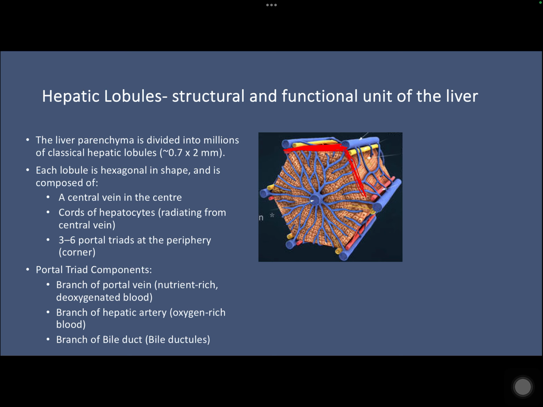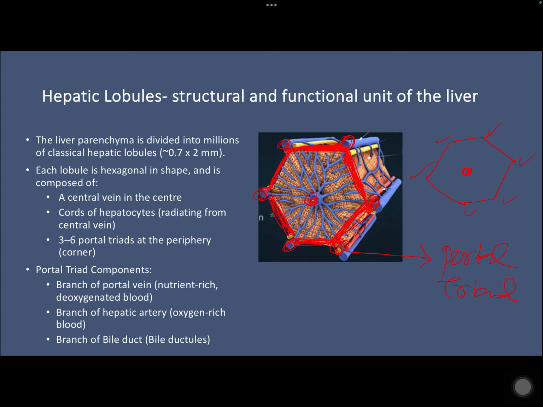1, 2, 3, 4, 5 and 6. So it is a hexagonal structure. At the center you can see a central vein, and at the peripheries it has a structure which is known as the portal triad.